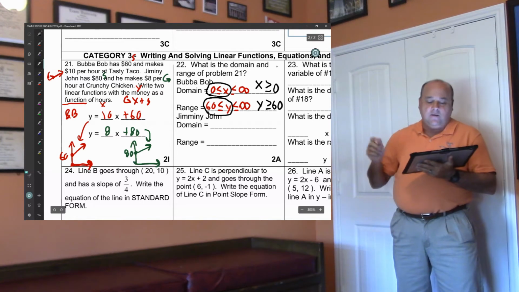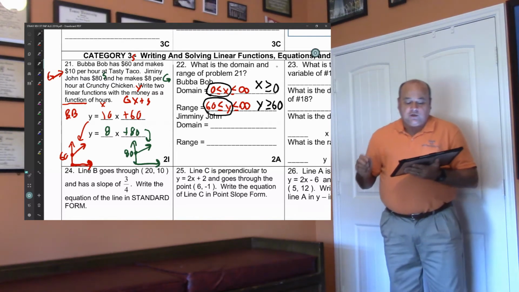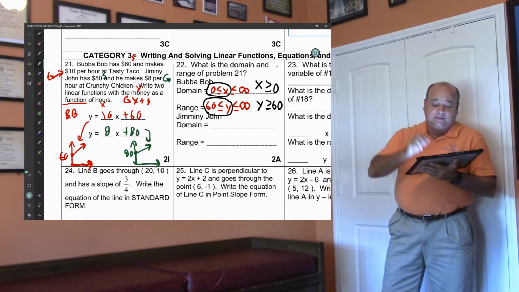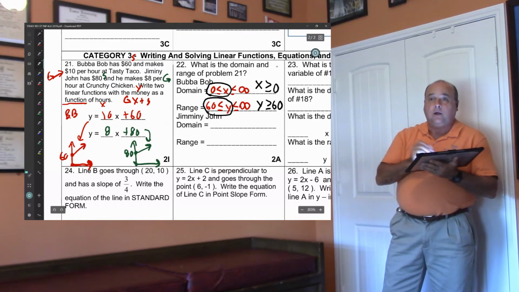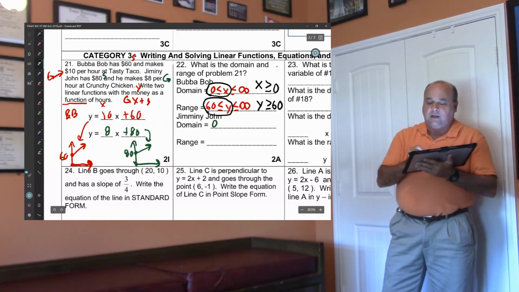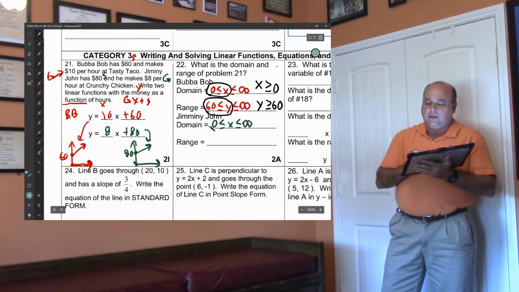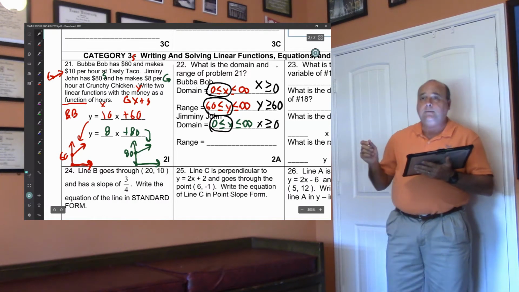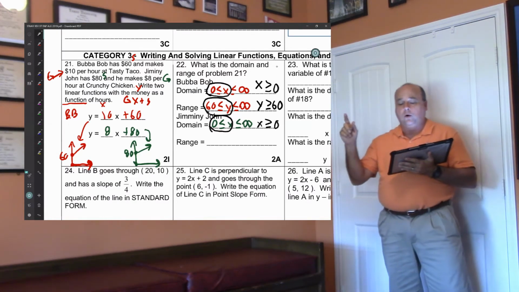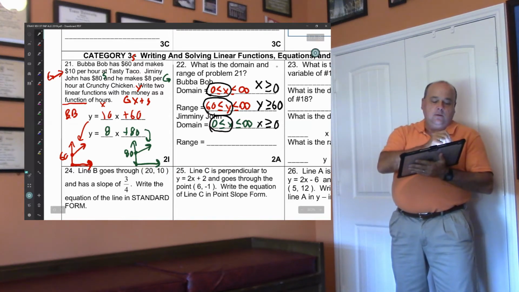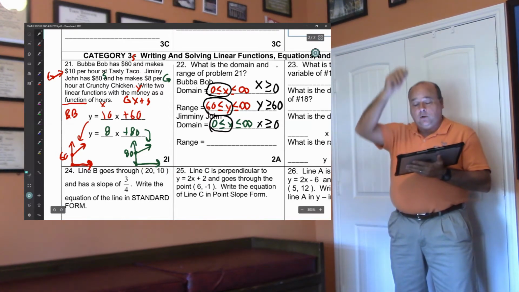Now then, let's get Jimmy John's, right? So Jimmy John's domain will be the same thing. It's going to start at 0 and go to infinity, which, if you just listen to me, is going to be all of my x's greater than or equal to 0, right? Either one of those would work. The range is going to start at 80 and go up, right?